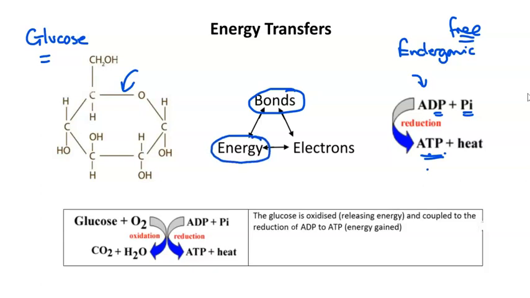It's also important to remember that the bonds are composed of electrons, as this also can become an important way to distinguish between oxidations and reductions. So the energy which is here and here and here, all these bonds will be broken and the energy will then be transferred to form ATP molecules, as is summarized in this coupled diagram here.